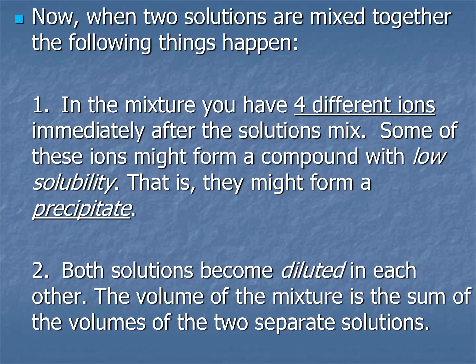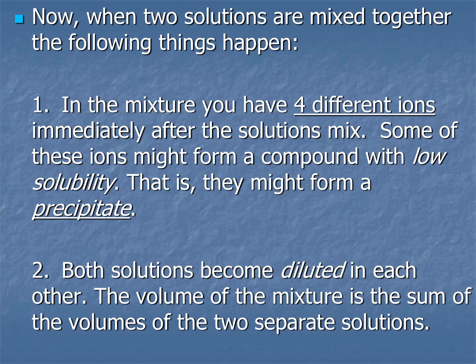So when we mix two solutions, a couple things happen. First, by mixing two solutions, we're really mixing 4 different ions. So as soon as we're pouring them together, 4 different ions begin interacting. Some of these ions might form a compound with low solubility, meaning something that will precipitate if given a high enough concentration of the ions.